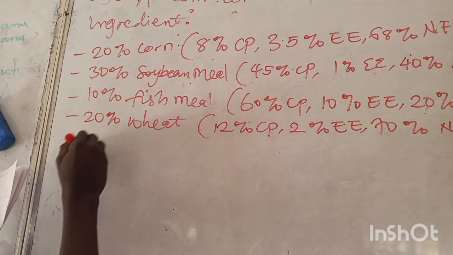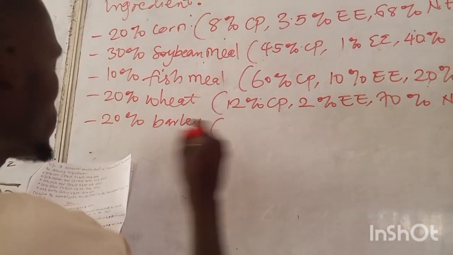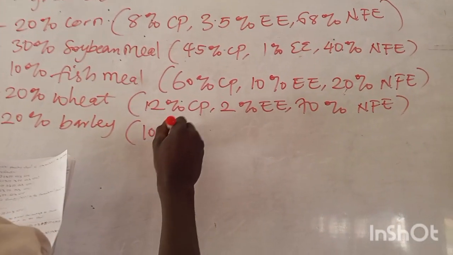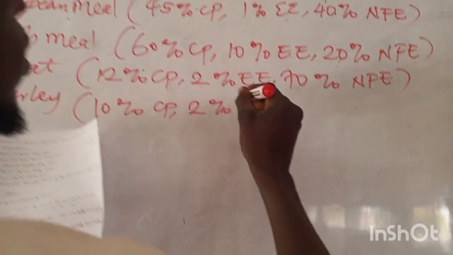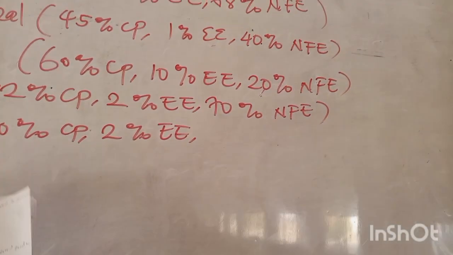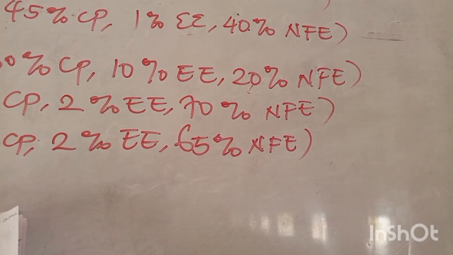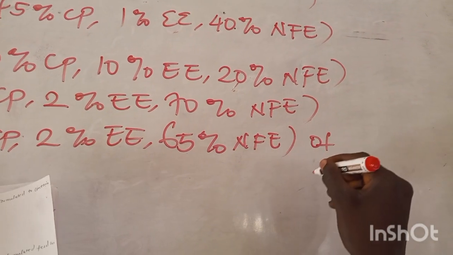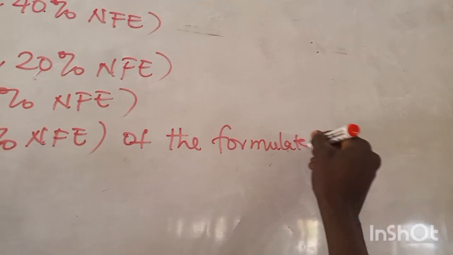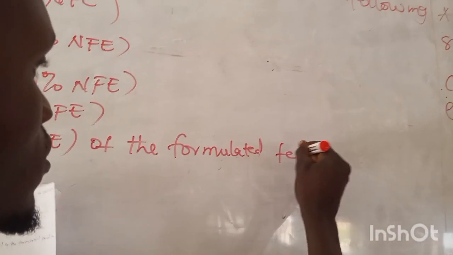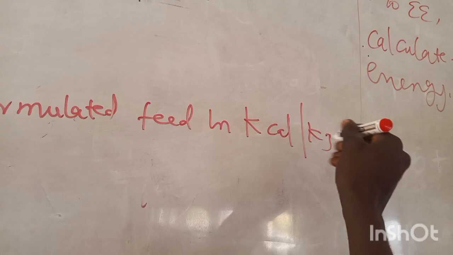We have 20% barley, 10% CP, 2% EE, 65% NFE of the formulated feed in kg.